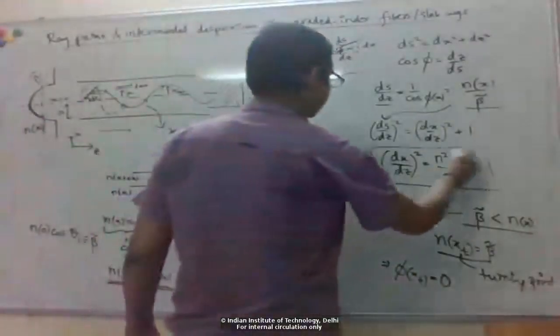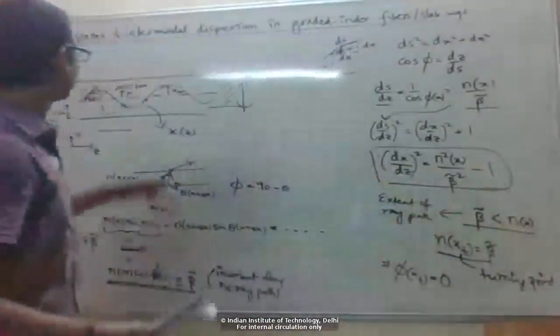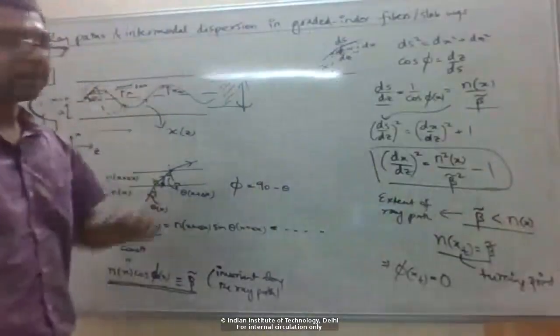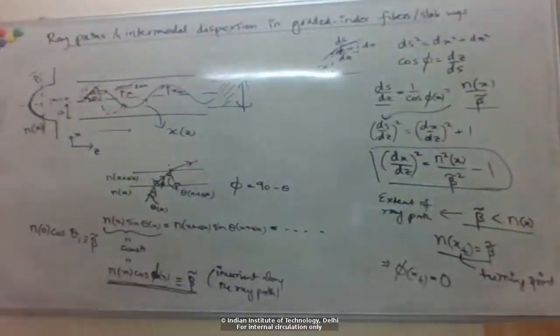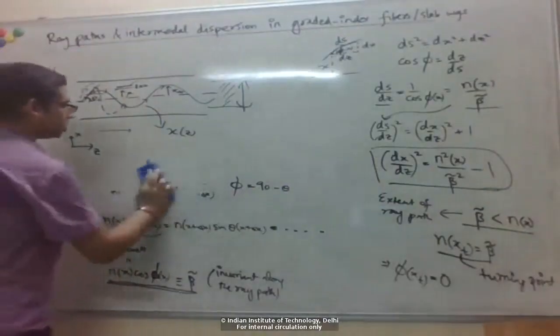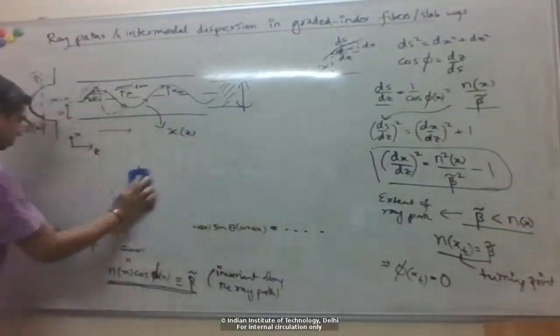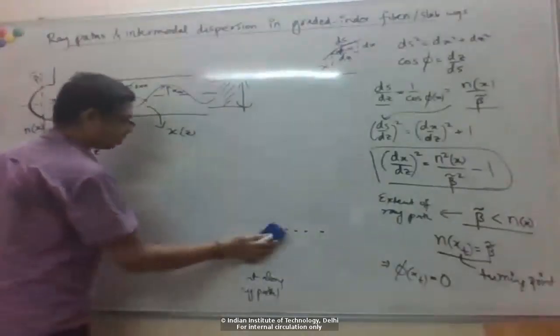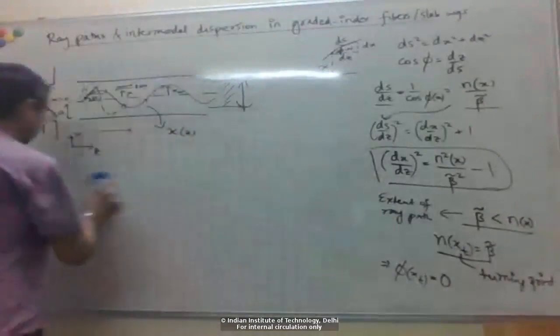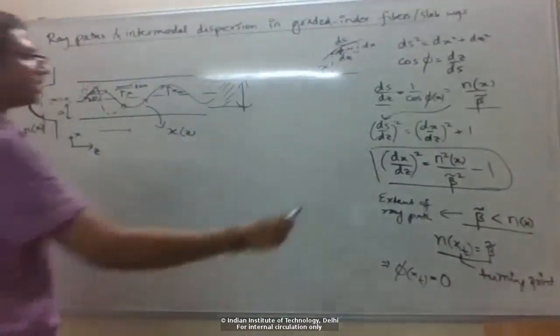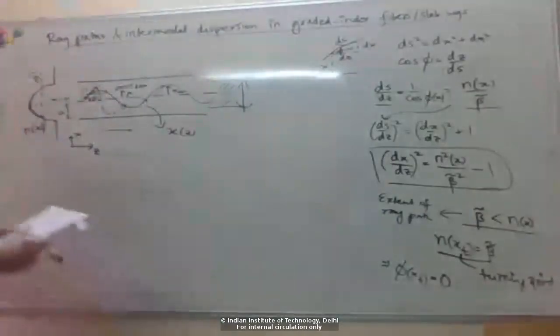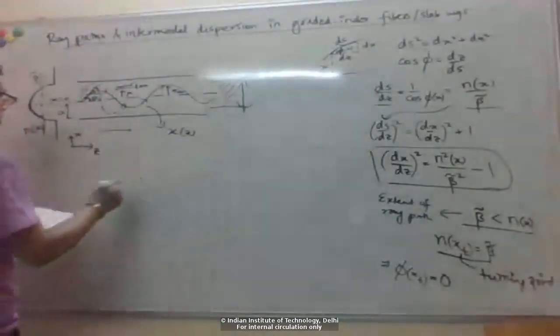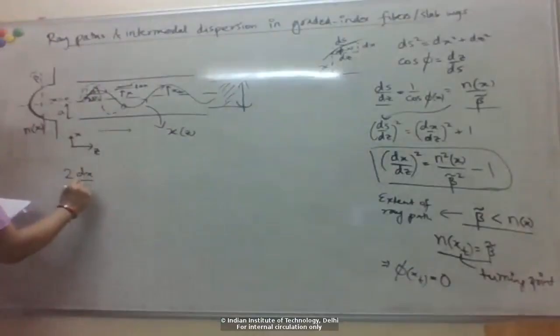Okay, so this is basically like the ray equation, right? From solving which we can get this x of z, the exact ray path. But we can simplify that equation a little bit more. So basically, if we differentiate this once more with respect to z, right? So on the left hand side we get that.